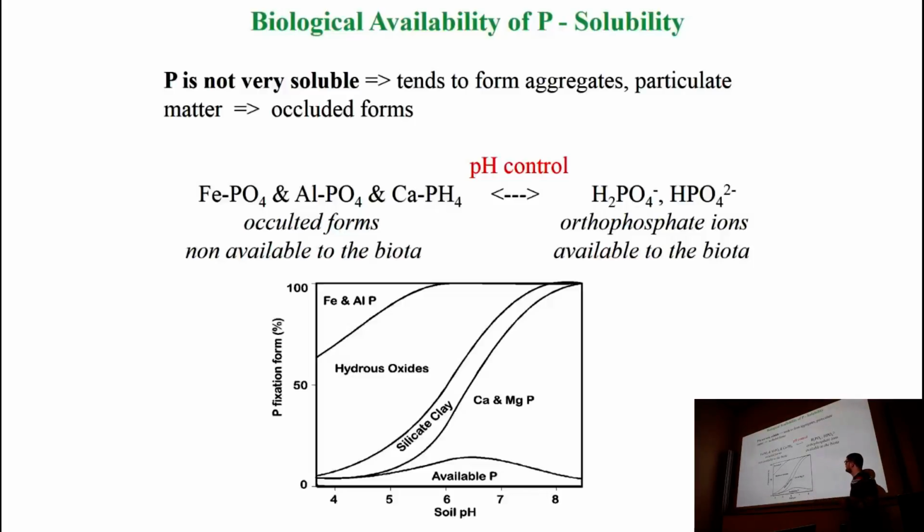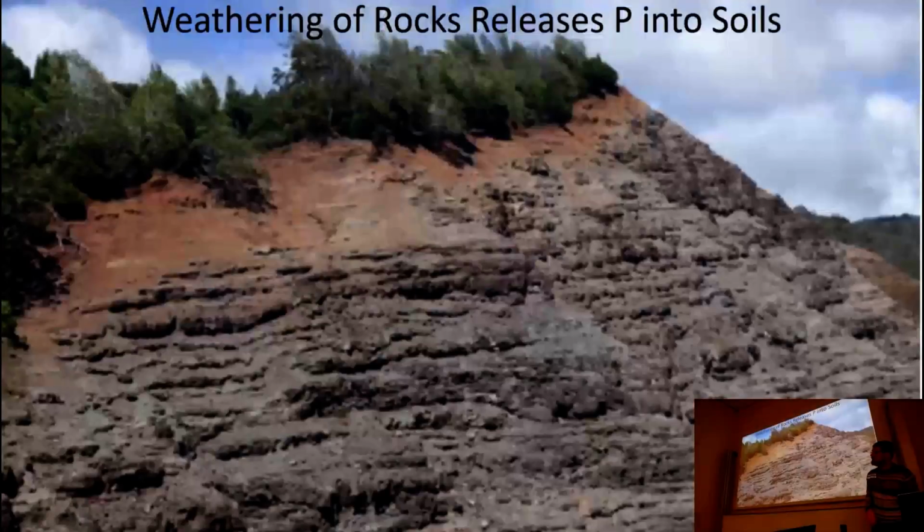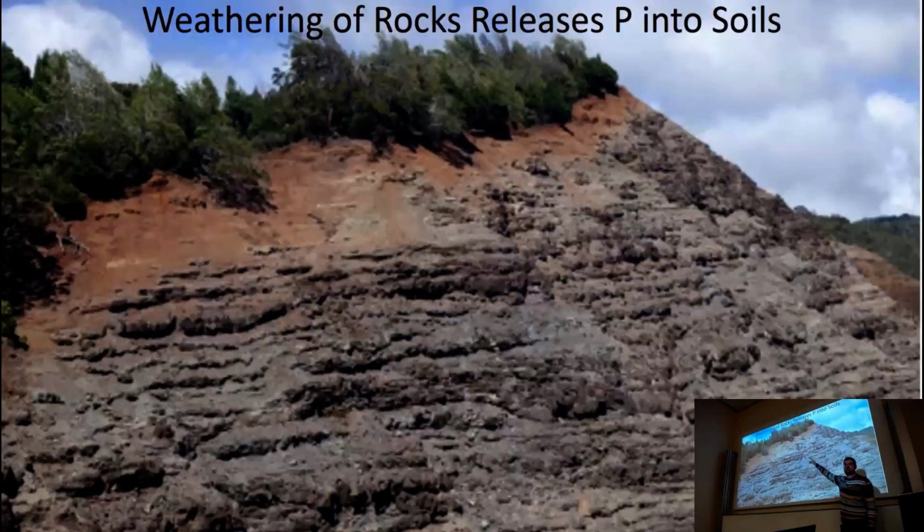If we've got a very low pH, so an acidic soil, the phosphate sticks onto iron oxide surfaces. If you remember back to this diagram here, you can see this red coloration in the soil.